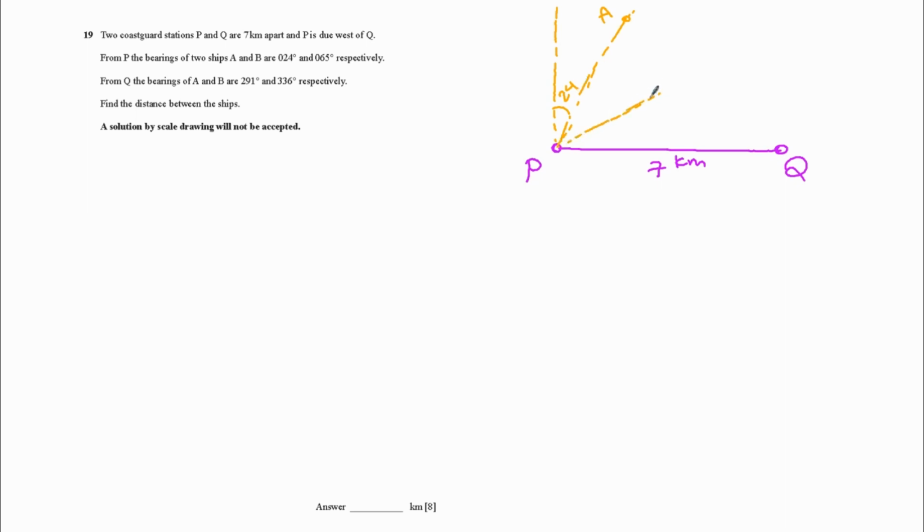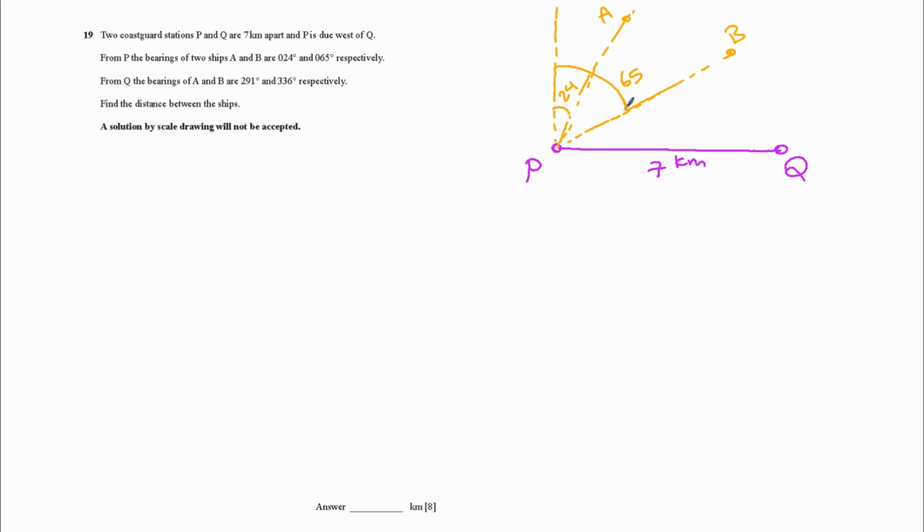So from P, the bearing of A. Okay. From Q, the bearings of A and B are 291 and 336 respectively. So I'm going to change the color in here.